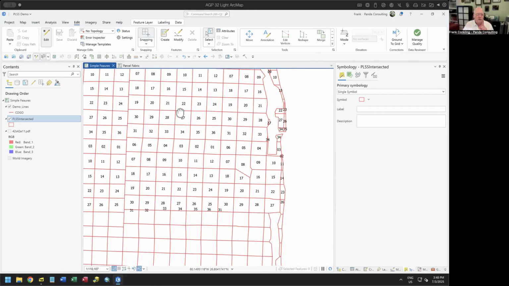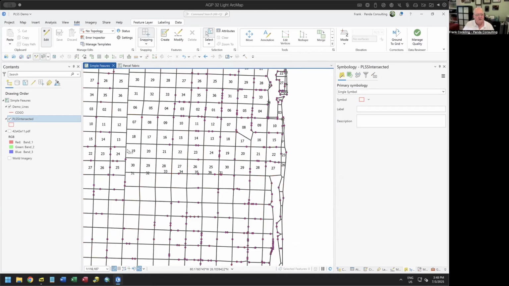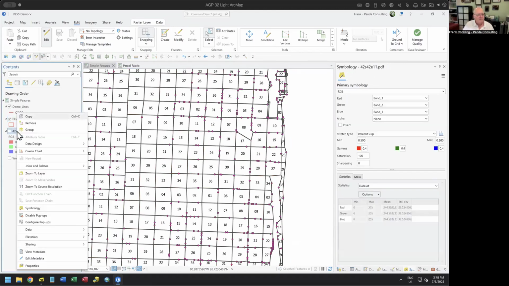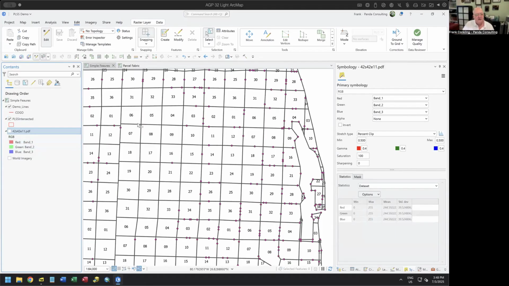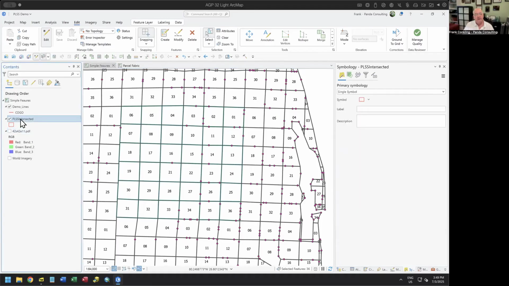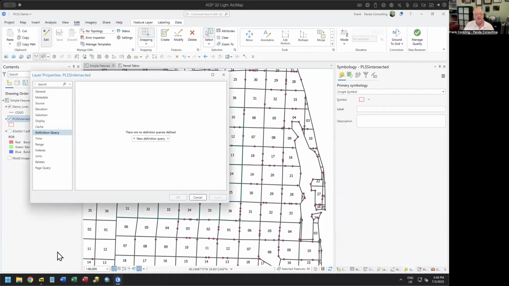But one of my favorite things about this is I can go in here and zoom to this area. I want to make sure that I only show these sections of land. In 3.5, what's been provided is the ability to go to my layer and set a definition query where it's not just an attribute definition.